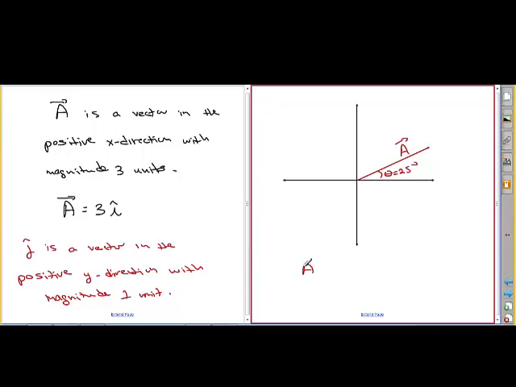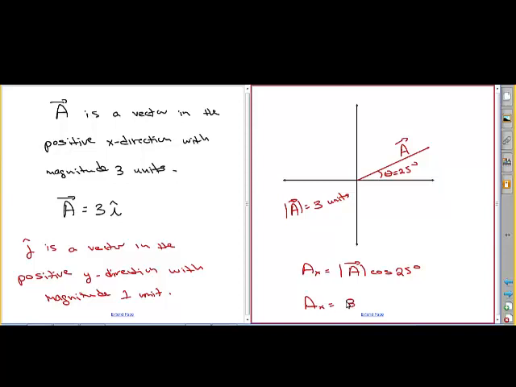From a component standpoint, the x component of vector A is the magnitude of vector A times the cosine of 25 degrees. Let's say the magnitude of vector A is 3 units.